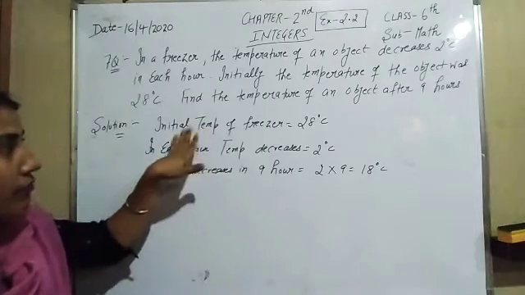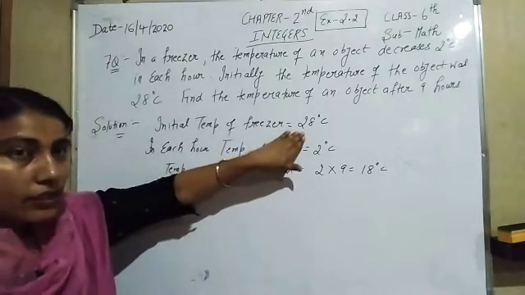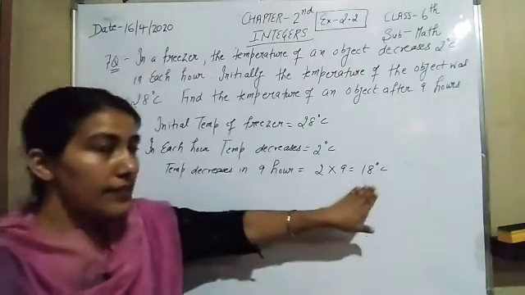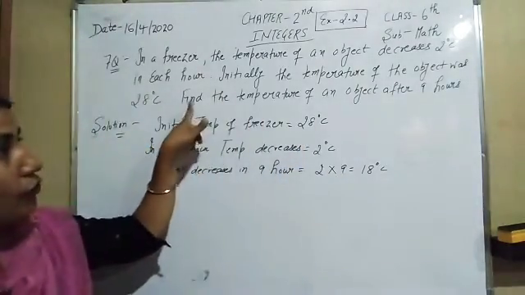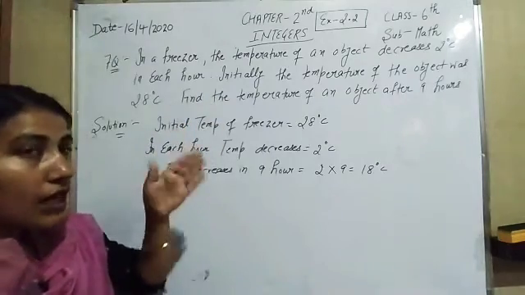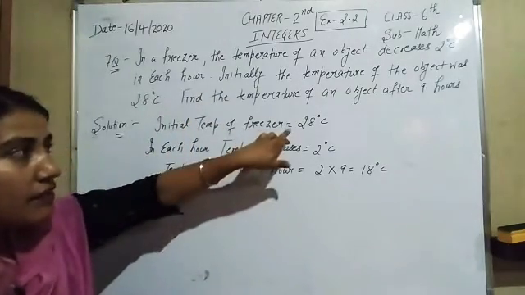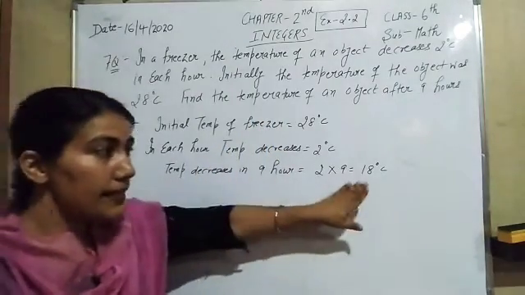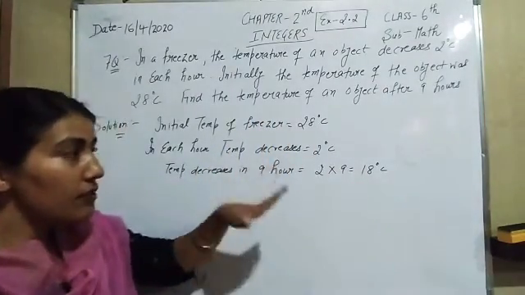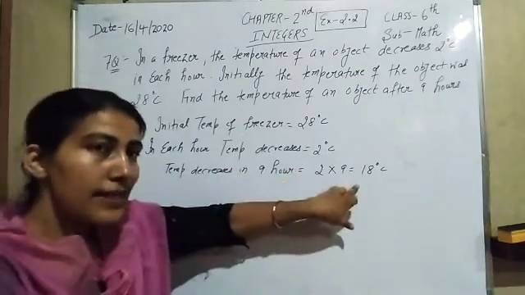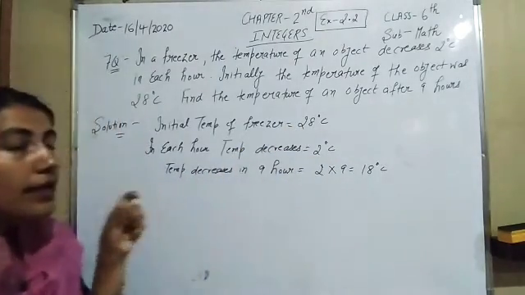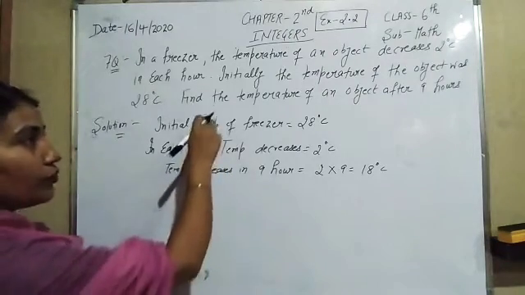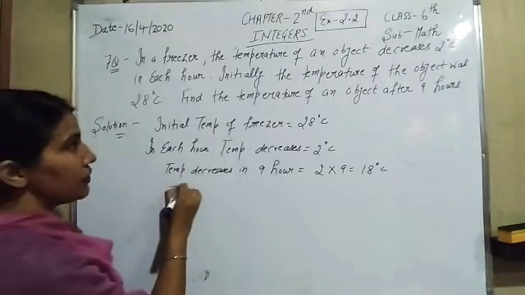Now listen, the initial temperature is 28 degrees Celsius, and after the 9 hours it will decrease by 18 degrees Celsius. What will be the temperature after the 9 hours? The initial one is 28 and it decreases in 9 hours by 18 degrees Celsius. That means 28 minus 18 degrees Celsius.